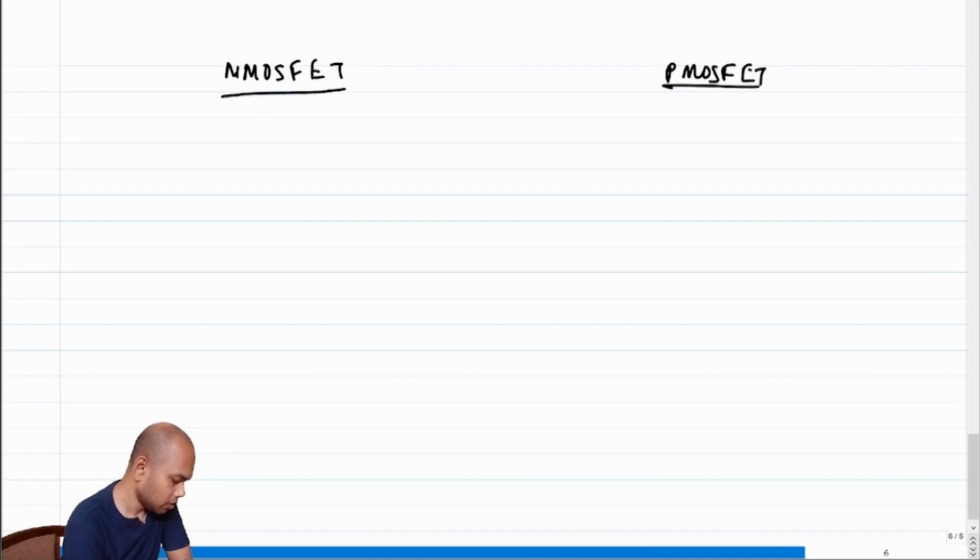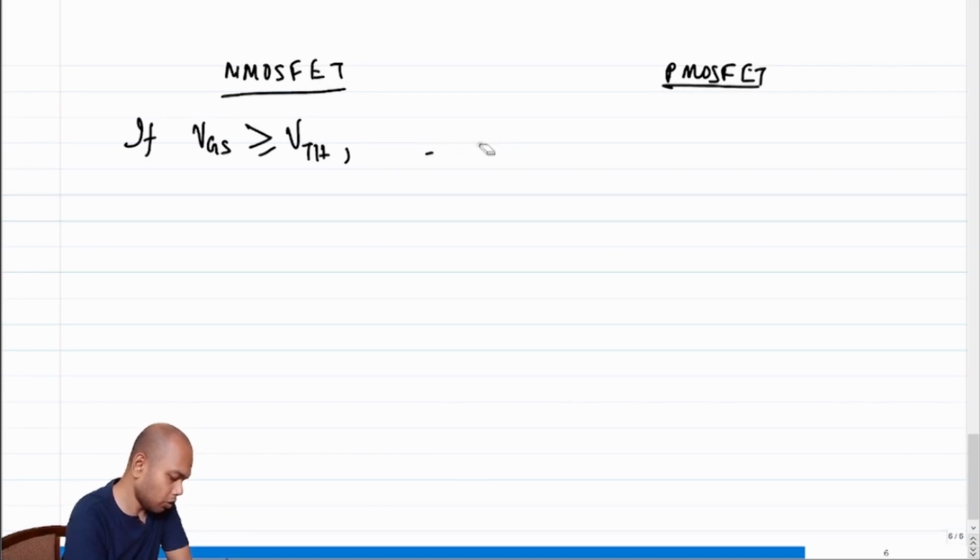So to turn on, let's write it in this way. If VGS is greater than or equal to the threshold voltage, the MOSFET is on, right?